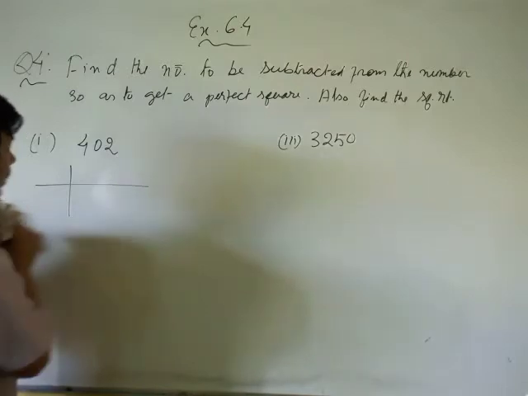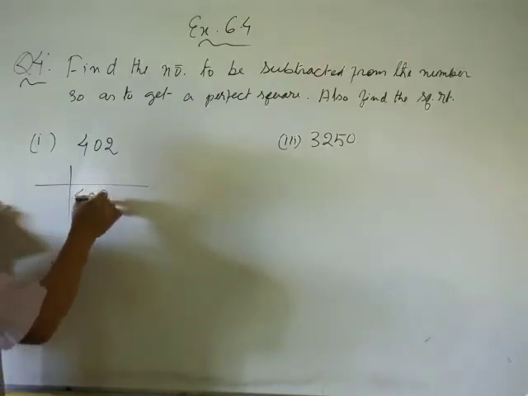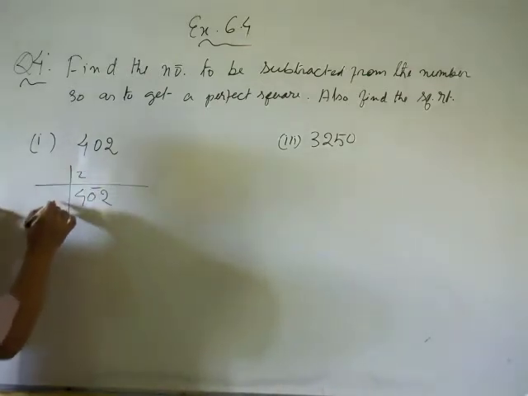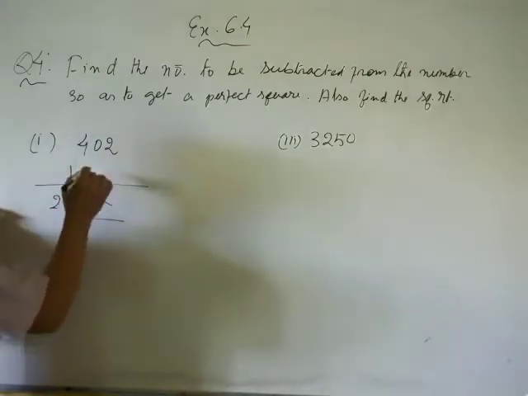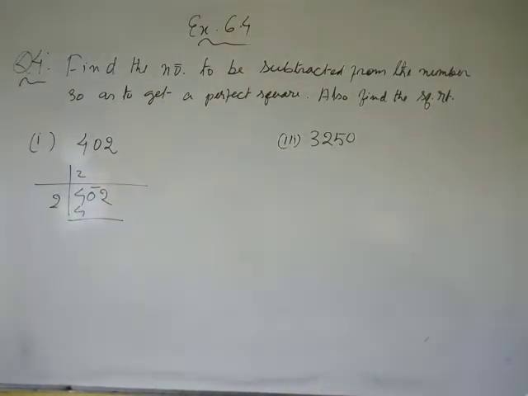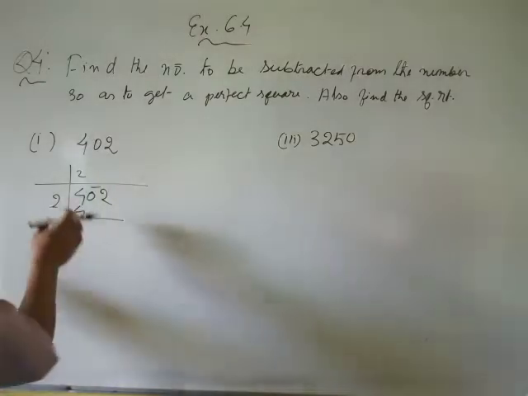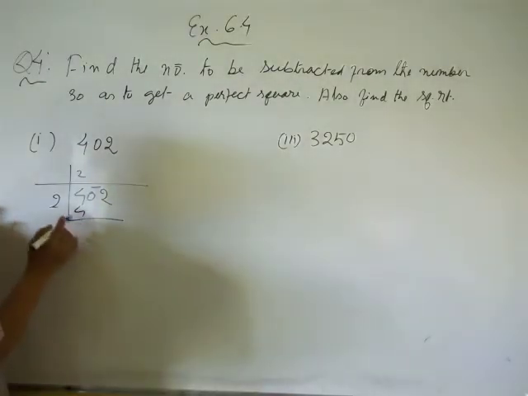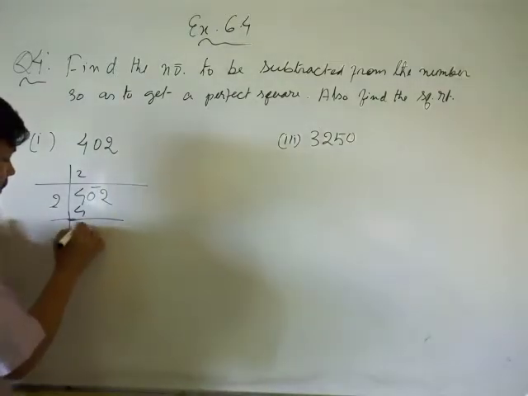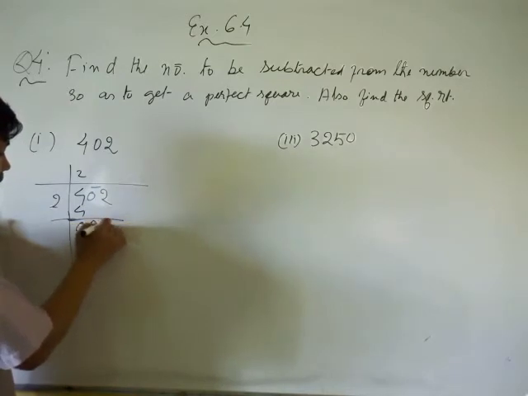Now, by the division method, you see 402. This 2, 2 twos are 4. We got 0 here. So we got 4. Next, we have 0 and this 2.